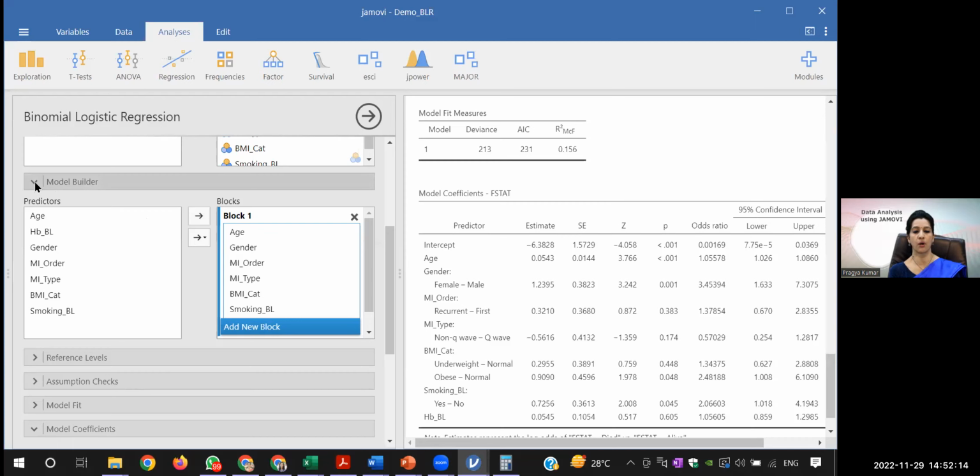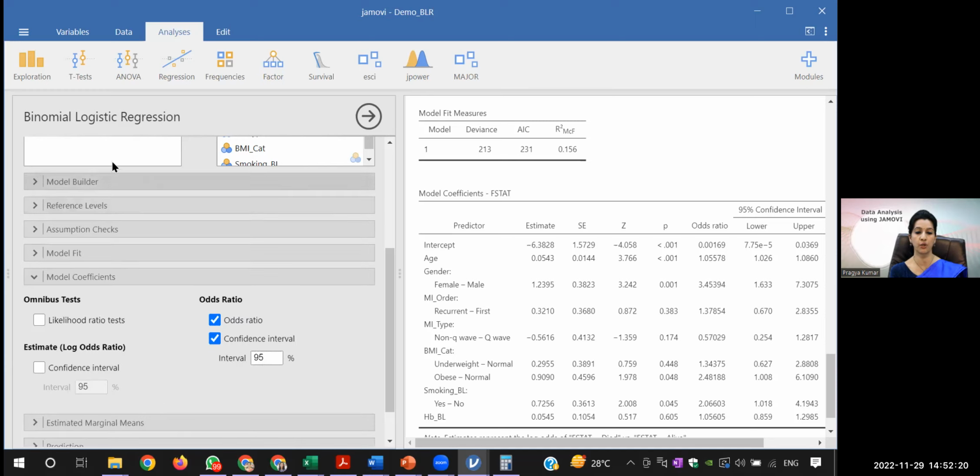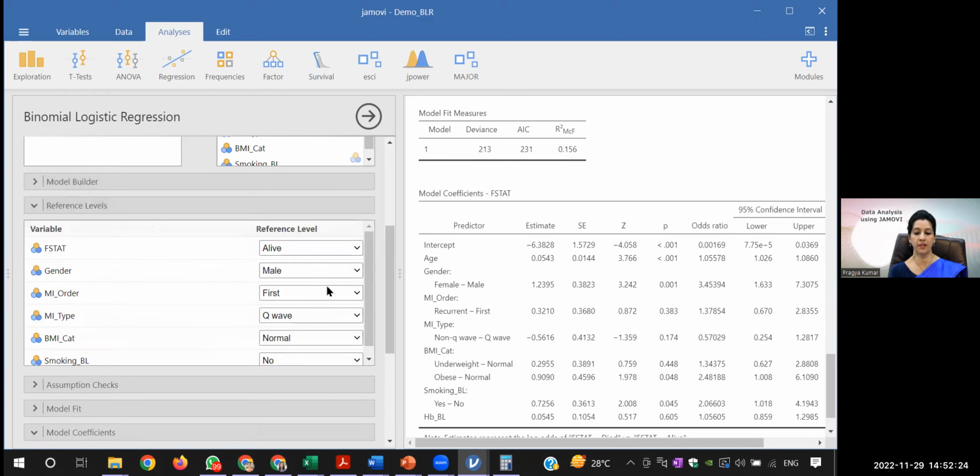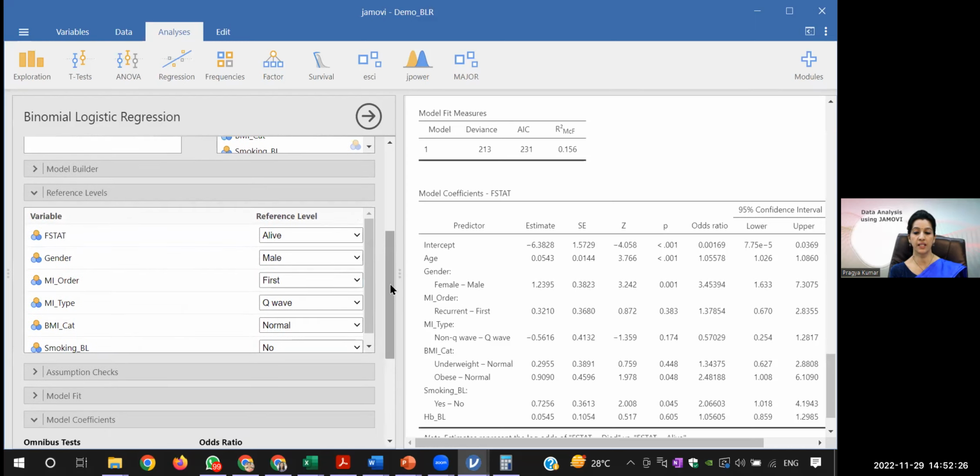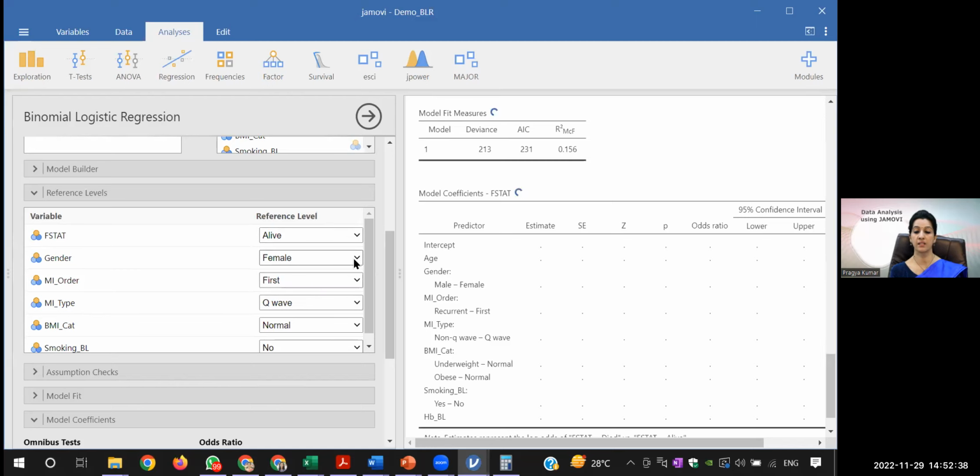Those options I'm not telling you now in the basic one, so we are not using any option in model builder. In the reference level, you can see it is giving reference levels, like alive, male, first. You can change these, if you want female, you can change this reference level.